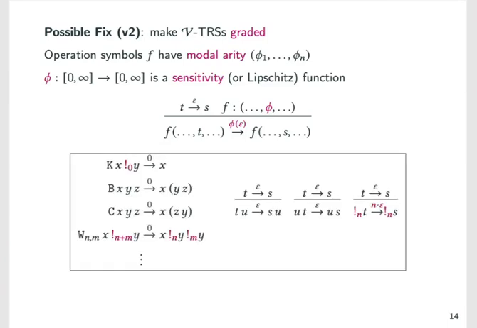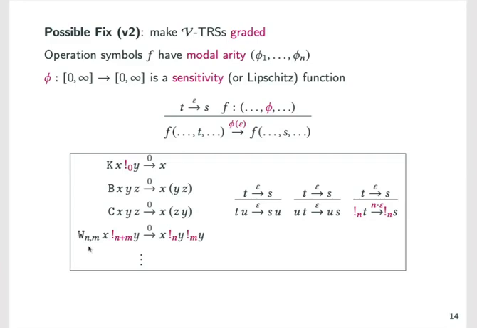In the case of our running example, we can indeed refine our original system using this idea of modal arities, and what we obtain is essentially an extension of bounded combinatory logic. So now among operation symbols, together with application, we have these new bang operation symbols, which essentially tell us how to amplify distances.